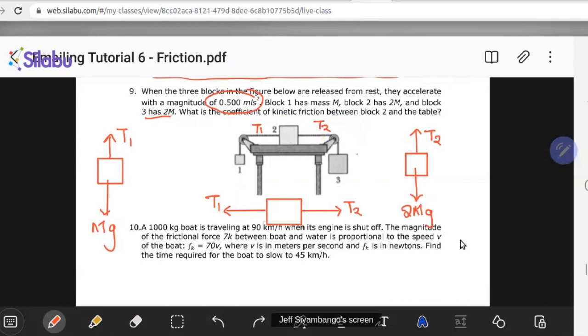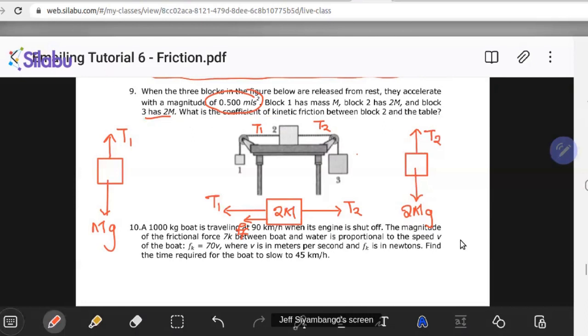So friction has to point in this direction. This is what we have, and block 2 has mass 2m, so I will put 2m here. So block 1 has mass m, block 2 has mass 2m, block 3 has mass 2m as well.